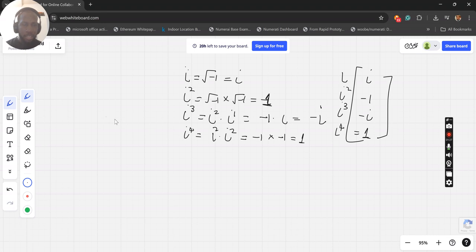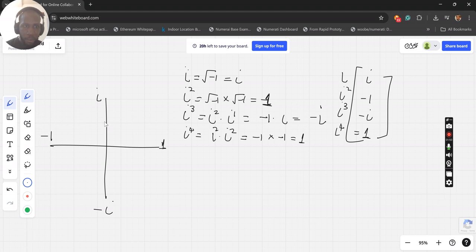So look at this from this point of view. If you have all the unit values in the complex plane, we have 1, then i, then -1, and then -i.